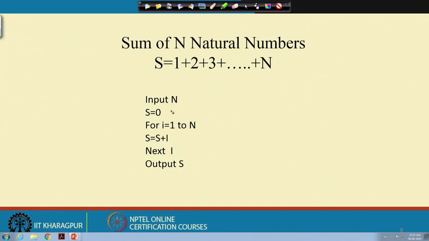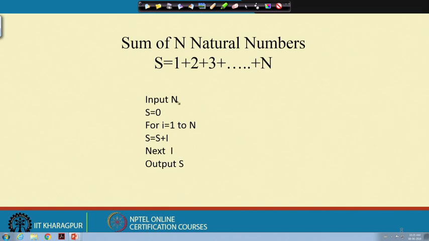So, from this particular algorithm, if I want to map it into the architecture, at that time what do I require? If I look closely, I have 3 variables. What are those?